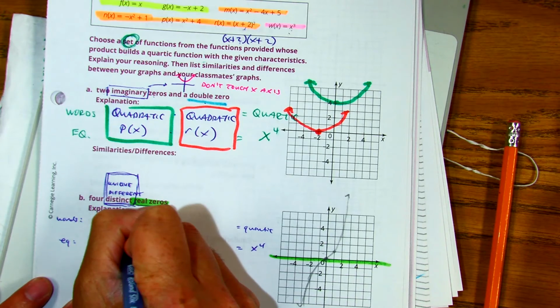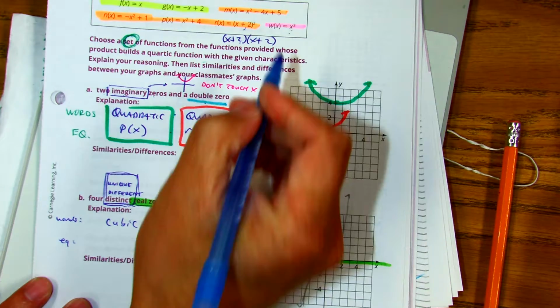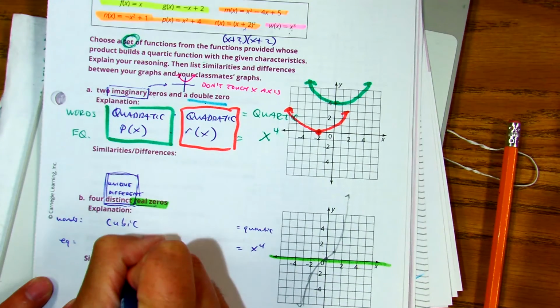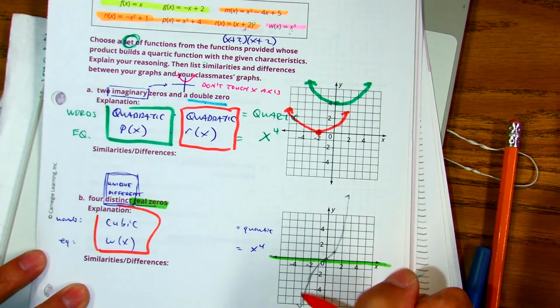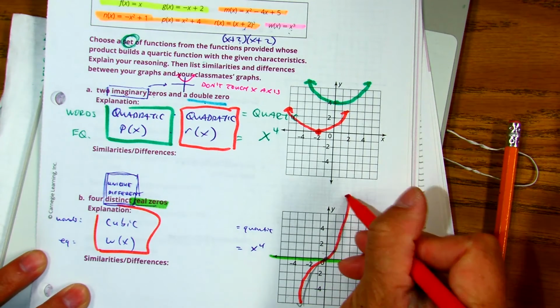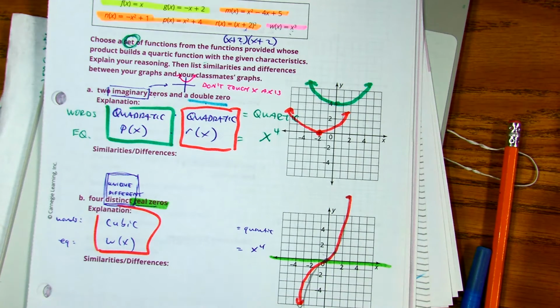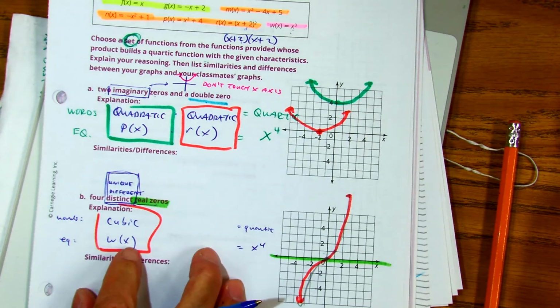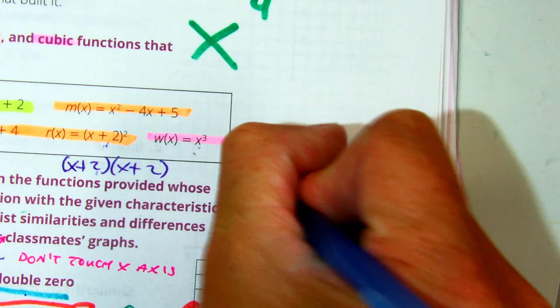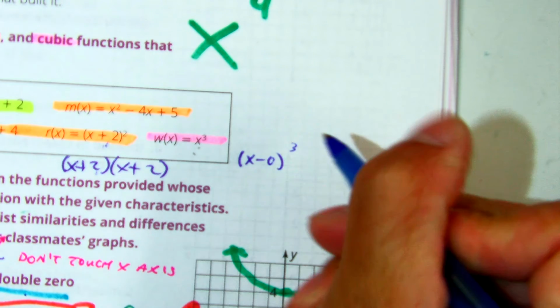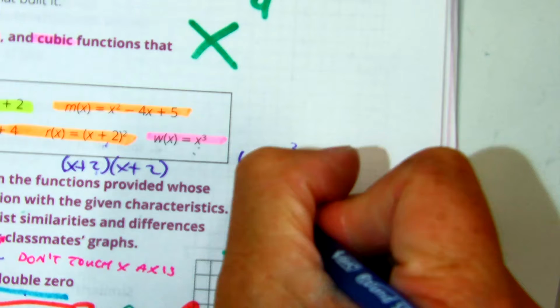Cubic, which is x to the third power. You can say that this works because it's essentially x minus 0 to the third power. You could say x equals 0.